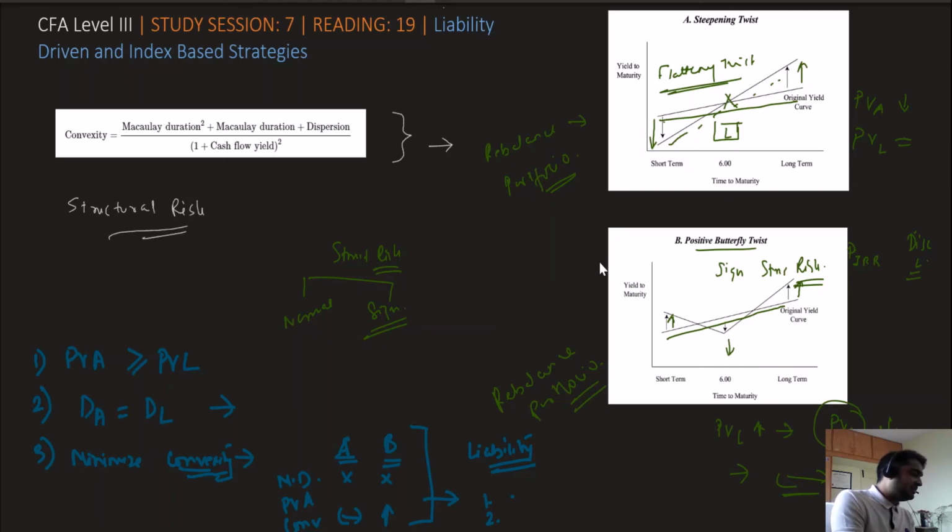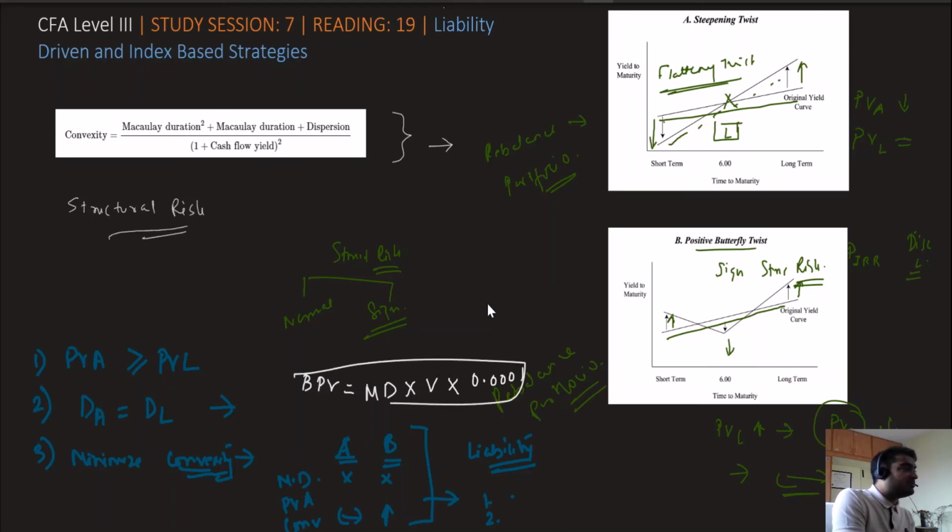Here there is one more concept mentioned in the curriculum, which you might remember from the level 2 curriculum, which is nothing but the BPV. If you remember, BPV is nothing but a value in terms of the modified duration. So it is modified duration into V into 0.1.